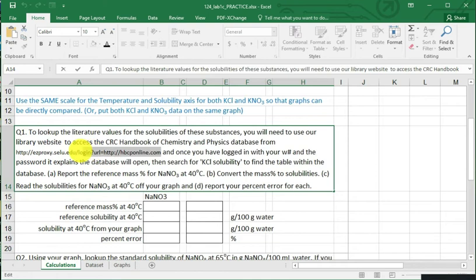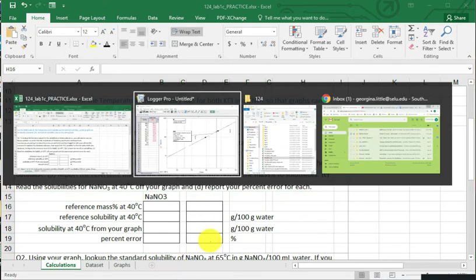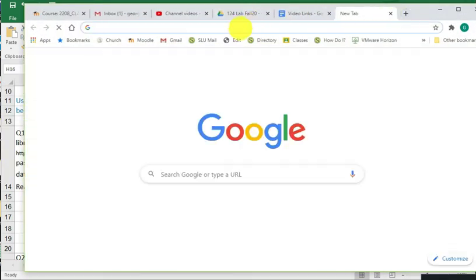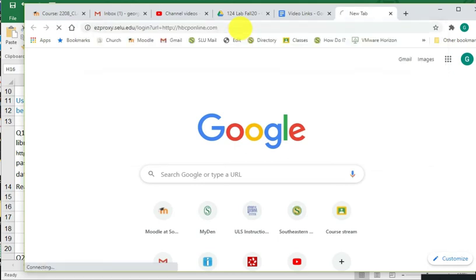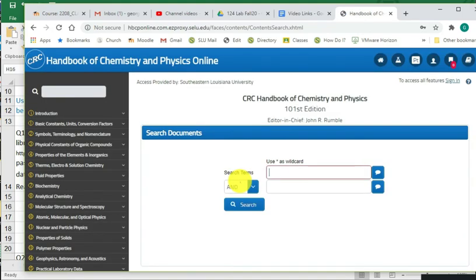So I'm going to copy and paste this. I selected it and copied it, and I'm going to go over. Note that you're going to have to log in, and it tells you exactly how to figure out your password.